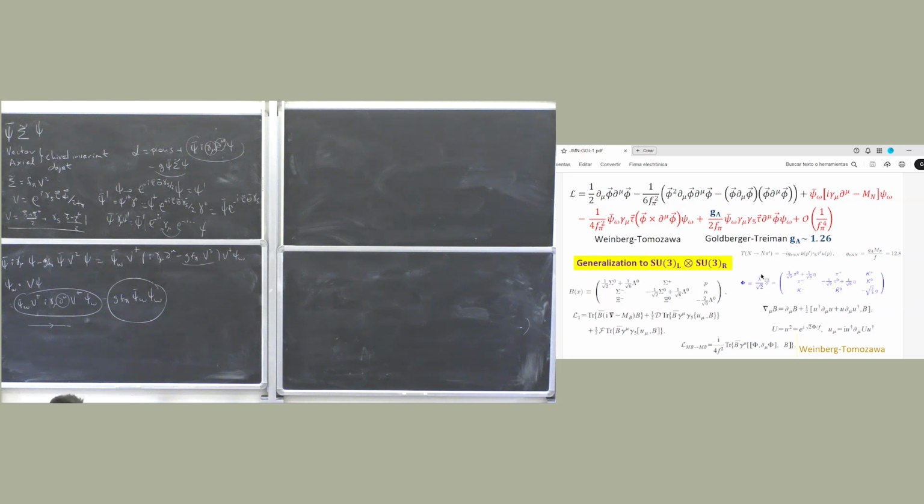The first one is Weinberg-Tomozawa: minus one over four f pi squared, psi bar, the nucleons, then gamma mu, tau, and psi cross d mu psi omega. This is called Weinberg-Tomozawa.